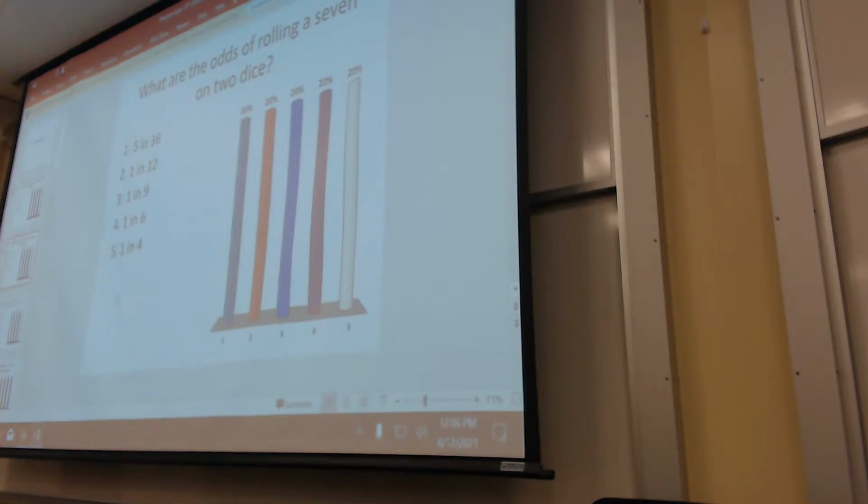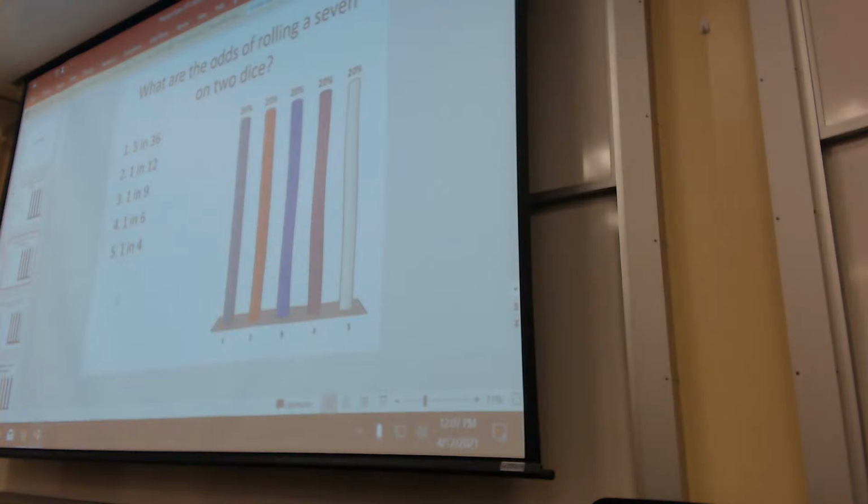Well, the total number of cases here is pretty easy to find out. 2 6-sided dice, you multiply 6 times 6, and the total number of cases is going to be 36. But the number of favorable cases is a little trickier, because there's more than one combination of 2 6-sided dice that result in a 7.